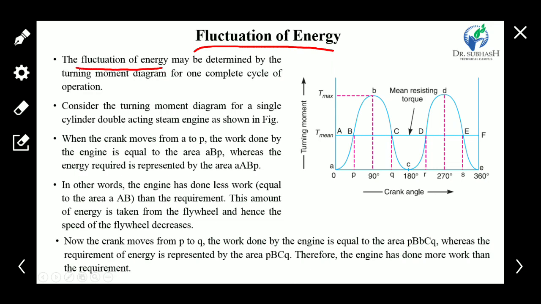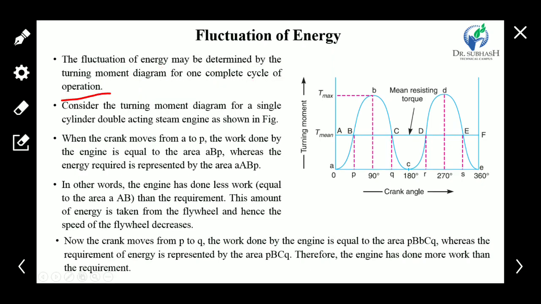Fluctuation of energy may be determined by the turning moment diagram for one complete cycle of operation. The fluctuation of energy is calculated from the turning moment diagram for one complete cycle.